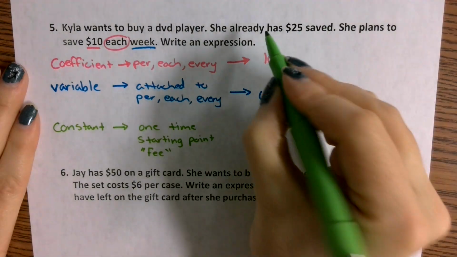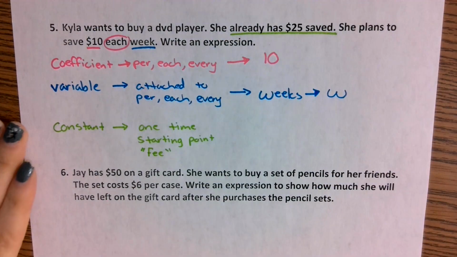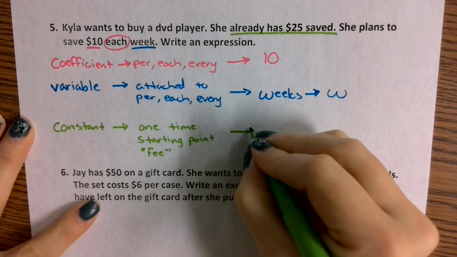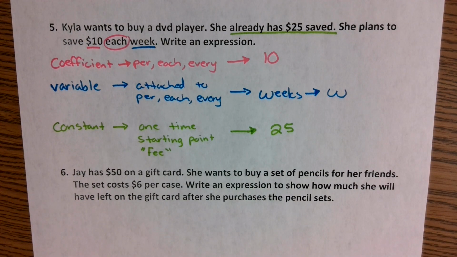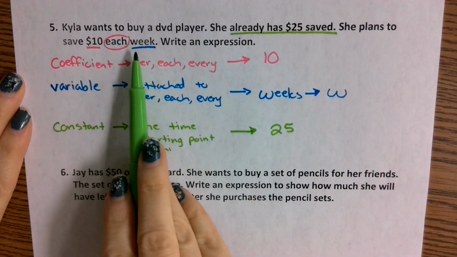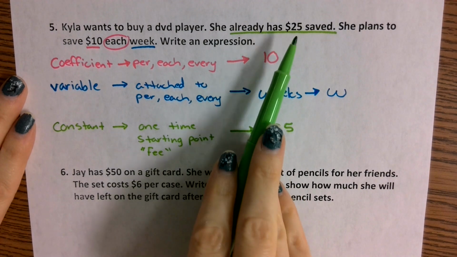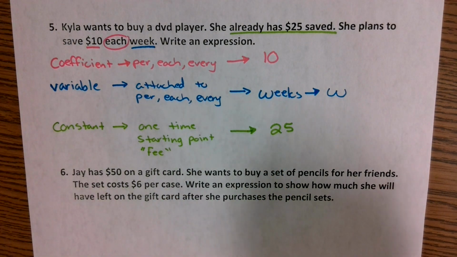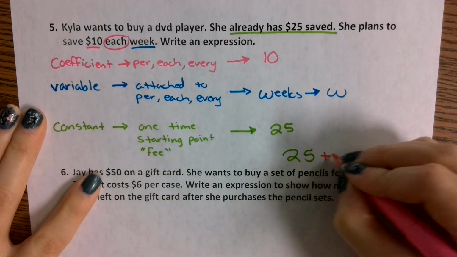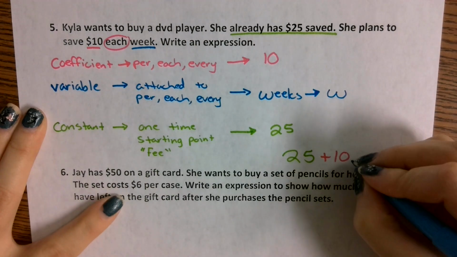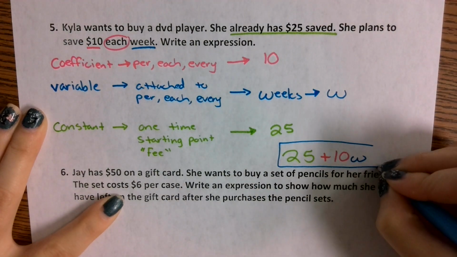So she already has $25 saved up. So we know that 25 is going to be my starting point. Now you just have to identify the operation that's going to go between them. If she's trying to save money to buy a DVD player, is she going to take $10 each week and subtract it from the 25 she's got, or add it to the 25 she's got? Add it. So our expression is 25 plus 10W.